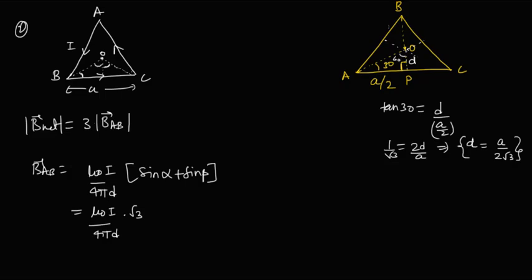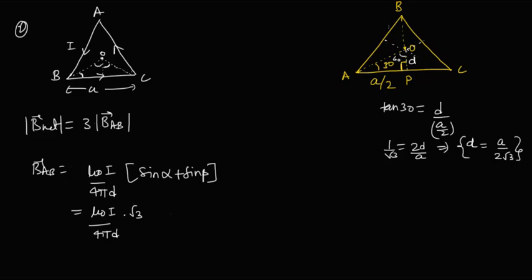Now this d distance will be a by 2 root 3. As you can see in this triangle AOP, tan 30 will be d by a by 2, that means 1 by root 3 is equal to 2d by a, that means d is equal to a by 2 root 3.